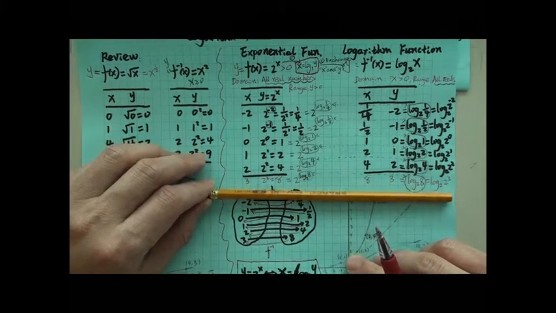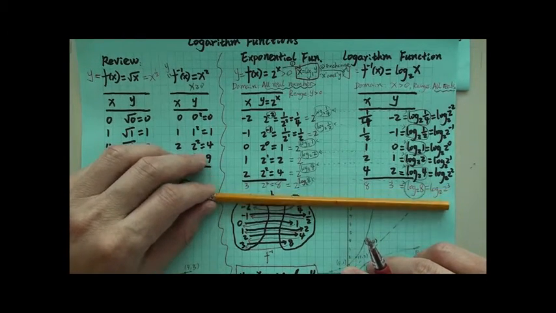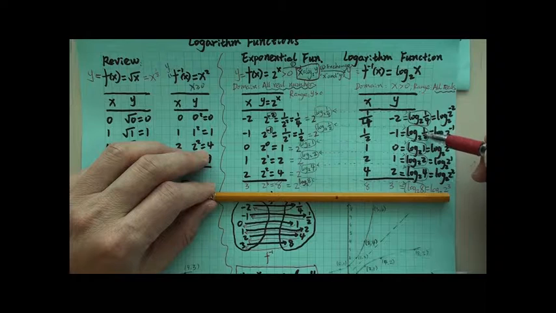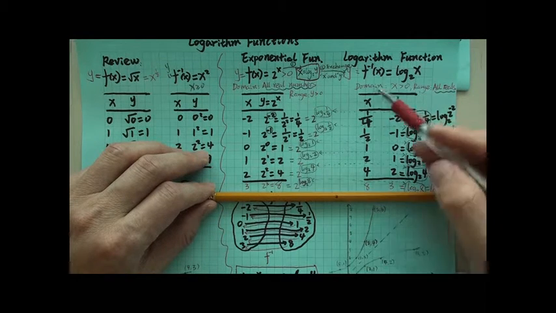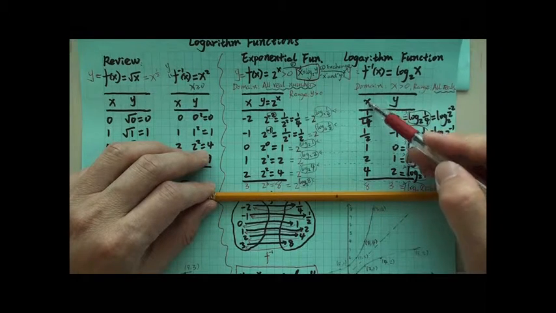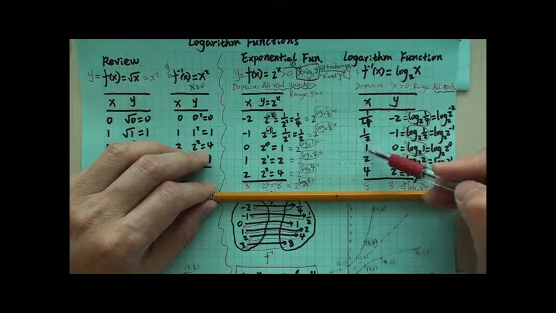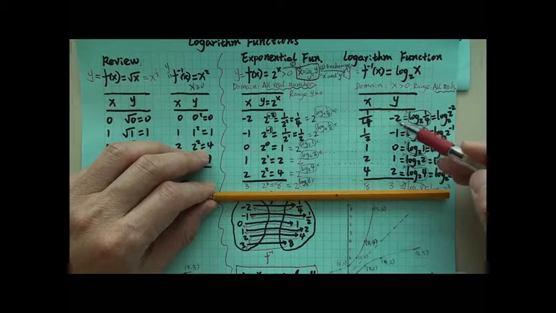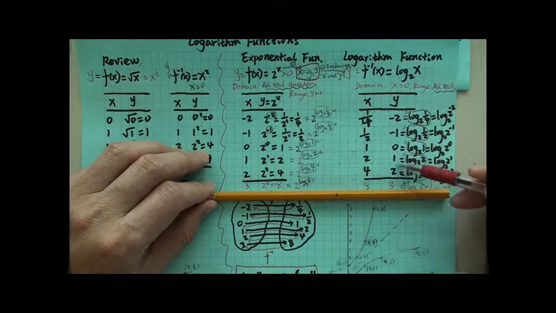That's the logarithm function. So we like to express our independent variable, normally we like to use x. So that's why I put x here. X chooses all those different values. And then here should be x, and then this one is y.